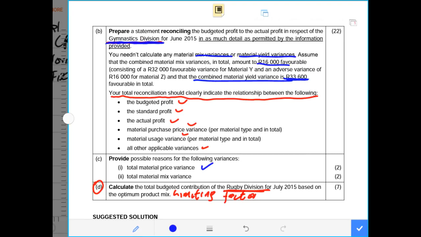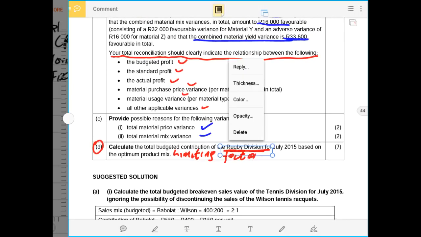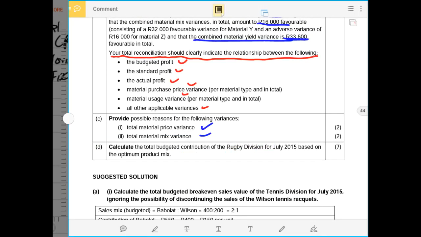We perhaps did not check for a better supplier at a lower price. And for this one, it means we used more than we were supposed to in terms of material mix. So you can go through that information.